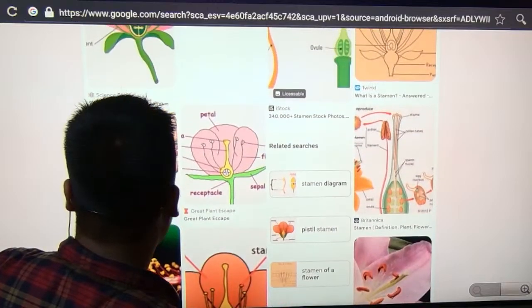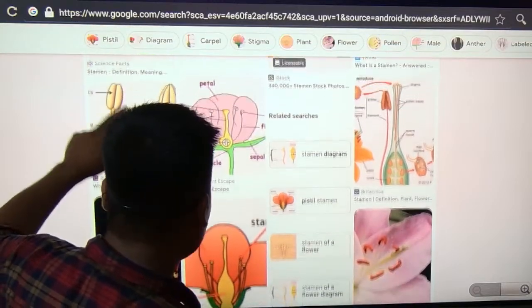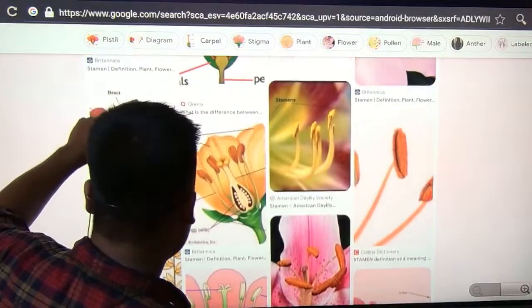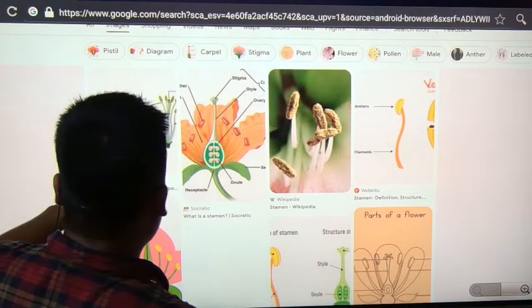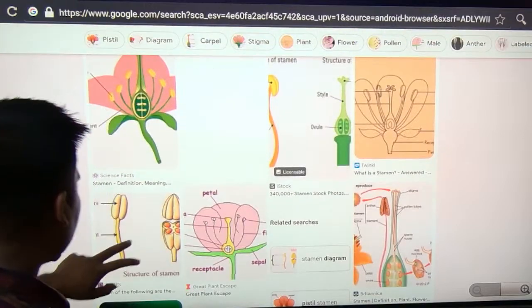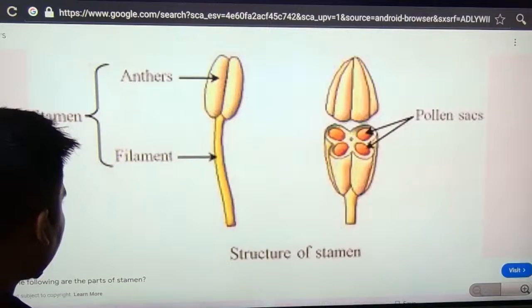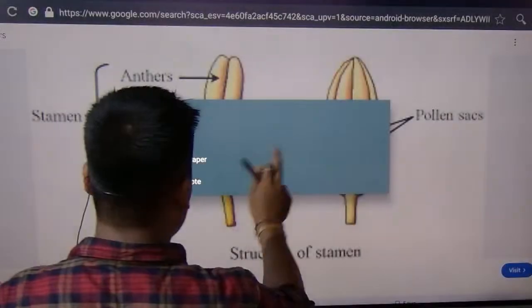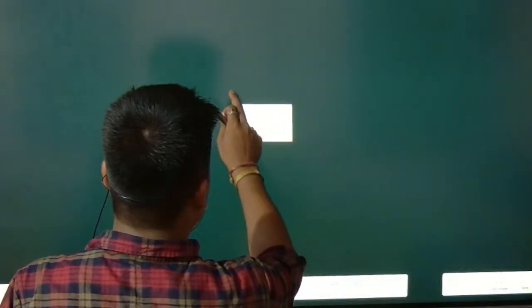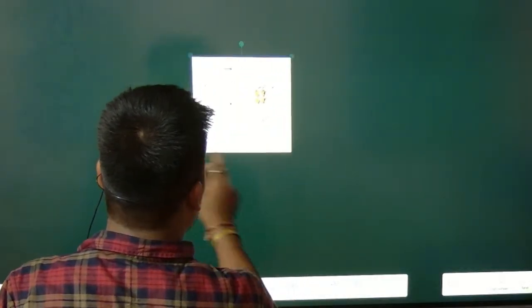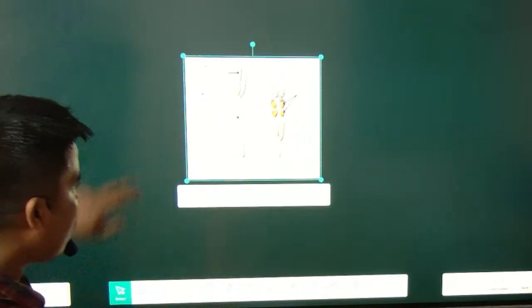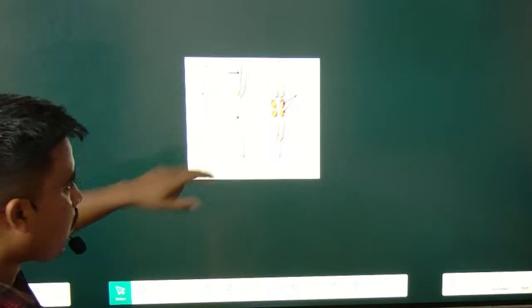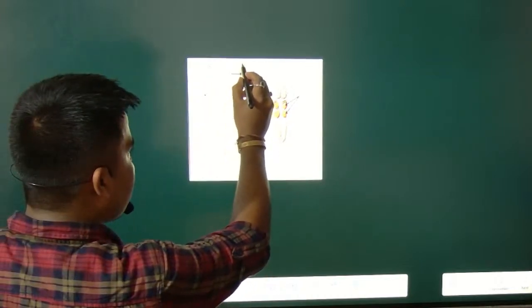Okay. It is not a clear picture. It's a stamen, it is anther, and this is filament. Okay, so it is clearly bilobed, isn't it?